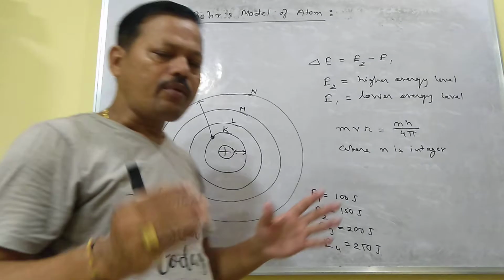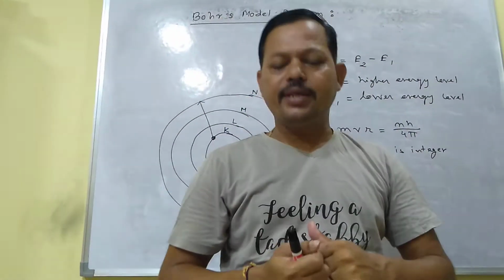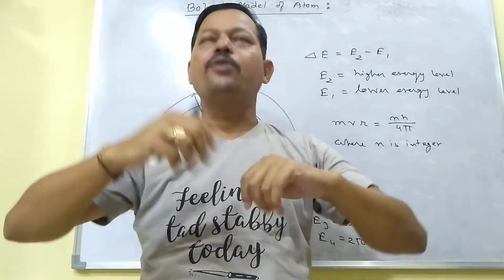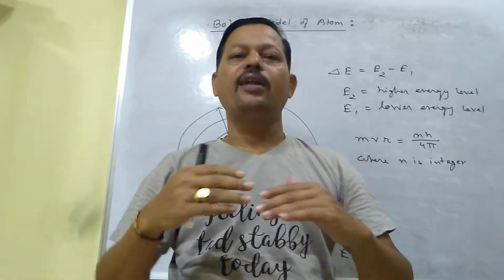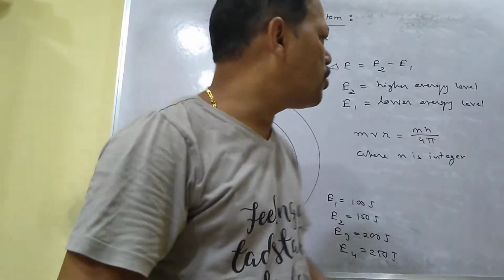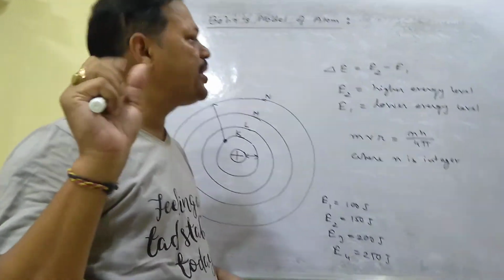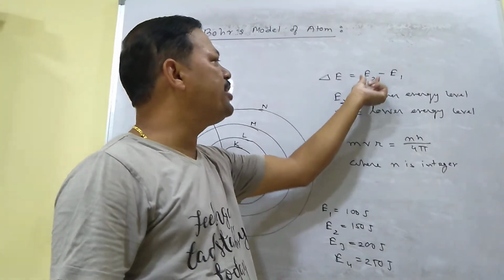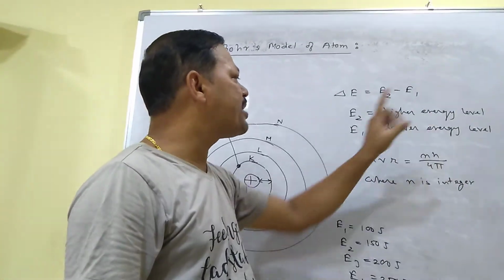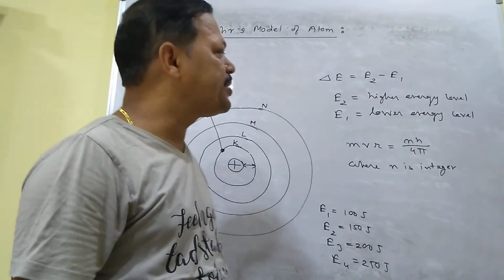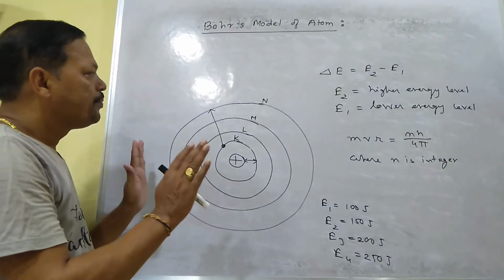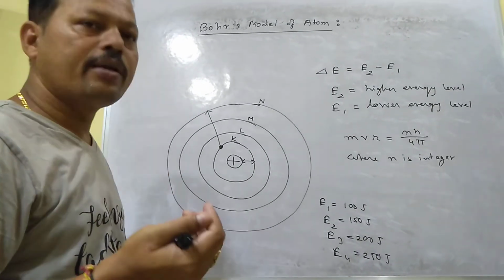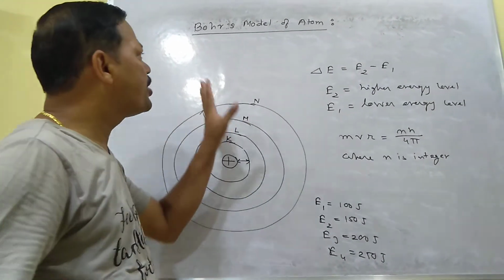When it comes back from a higher level to a lower level, it emits the same amount of energy. The amount of emitted or absorbed energy you can determine by using the relation delta E equals E2 minus E1, where E2 is the higher energy level and E1 is the lower energy level. In this way you can write the points of Bohr's model of atom. There are mainly 4 points. Those 4 points you can write like this according to Bohr.